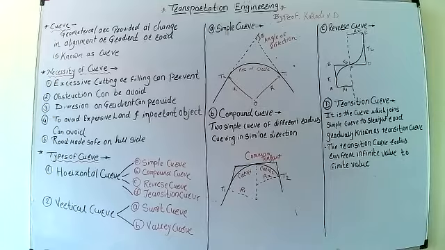It is used when two roads are connected to each other at a non-normal angle, or to avoid sudden centrifugal acceleration on the vehicle. To avoid that condition we provide this kind of curve. So two curves of different radii connected to each other are known as a compound curve.